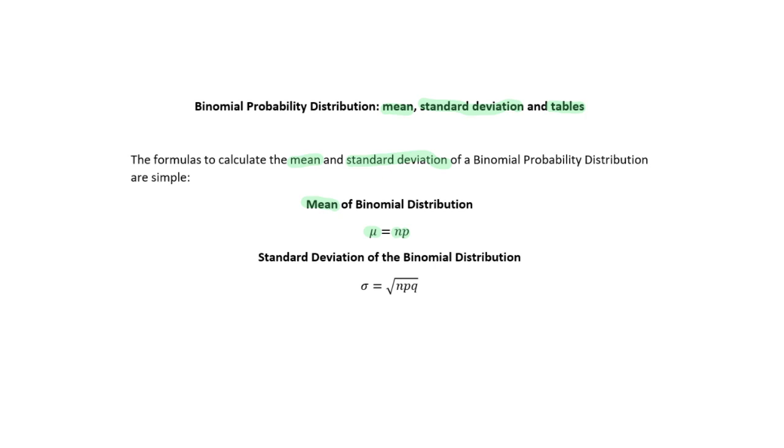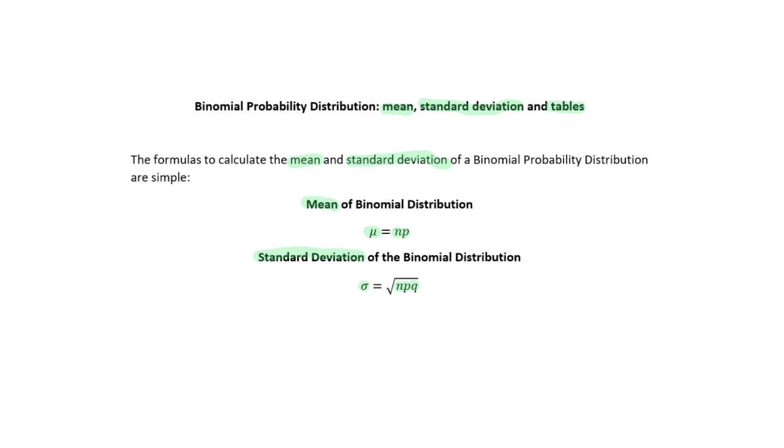The formula for the standard deviation, sigma, is equal to the square root of N times P times Q. N is the number of trials. P and Q are the probability of success and failure for each trial, respectively.